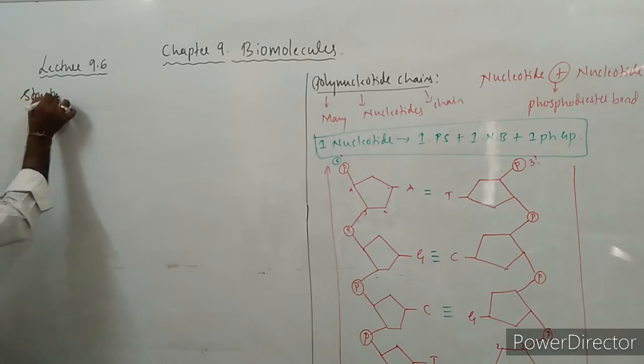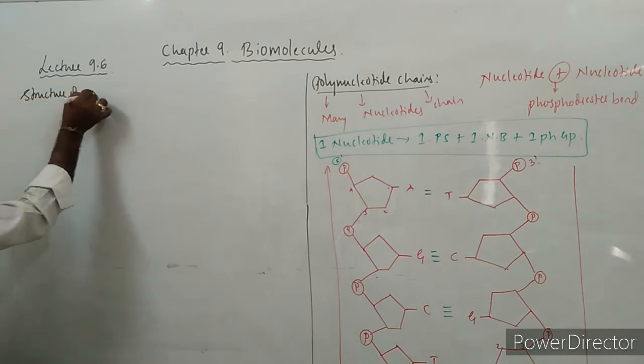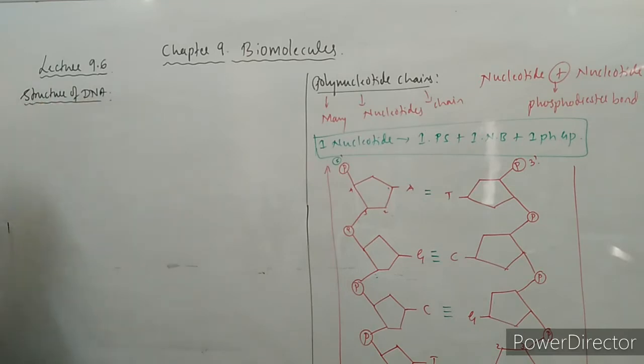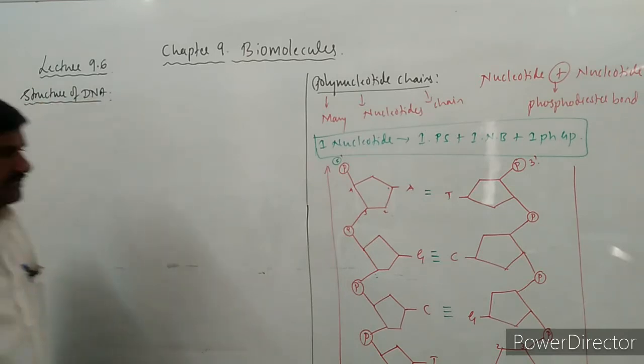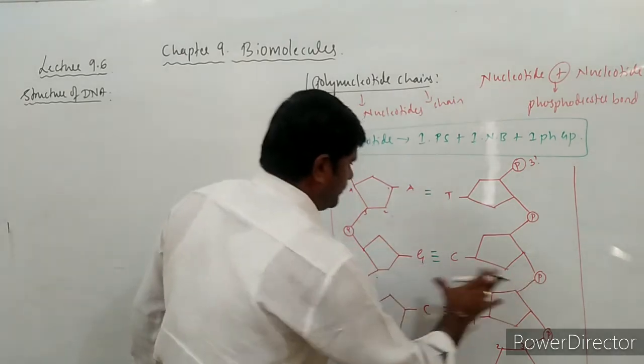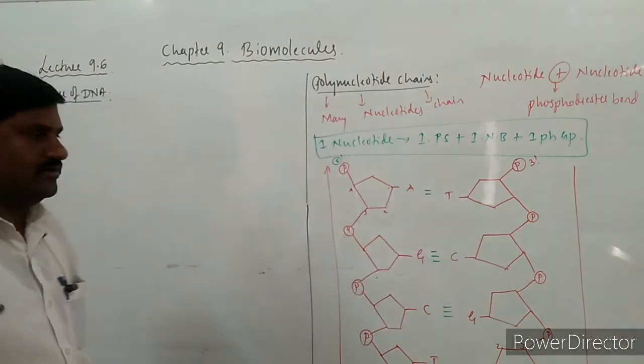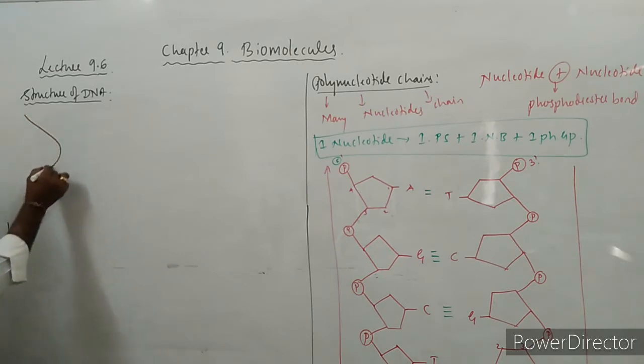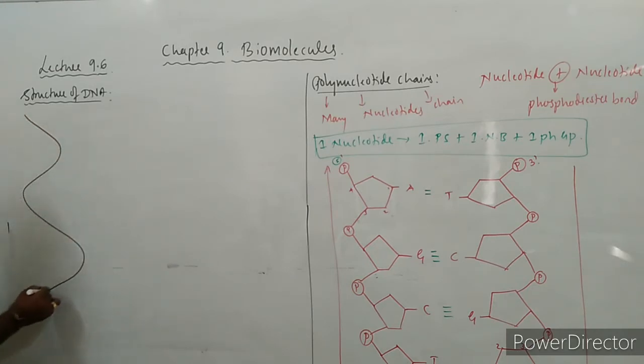Structure of DNA. Let us study the structure of DNA. Simply, this is the structure at molecular level I have drawn, simply how the DNA looks. So that I am going to draw over here itself.